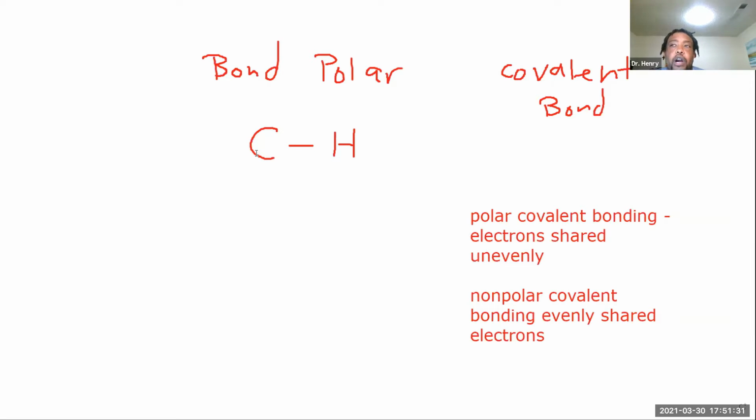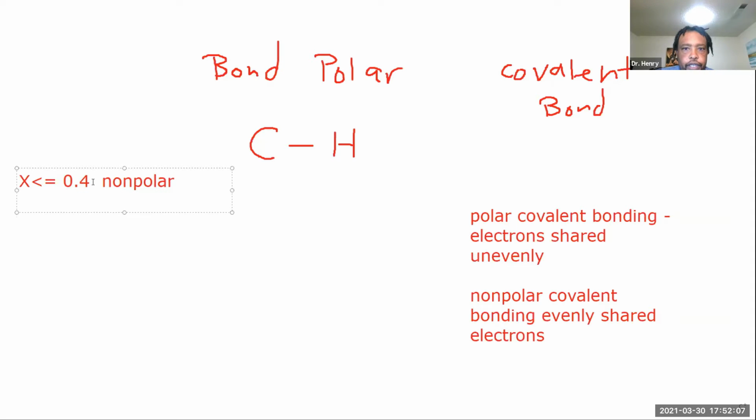These guys, carbon and hydrogen, are about the same in terms of their electronegativity. They're a little bit off. I'm going to give you some values. If our X value, the electronegativity difference, is less than or equal to 0.4, it's considered to be nonpolar.